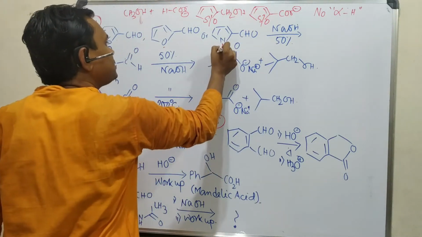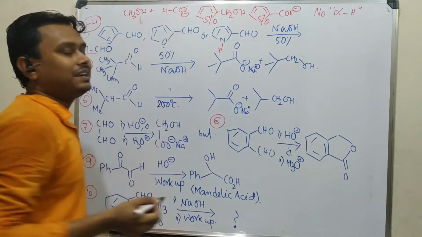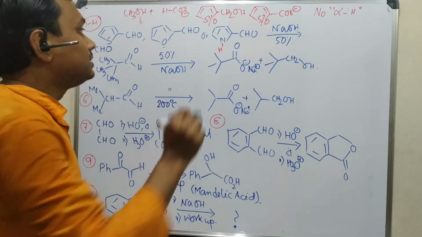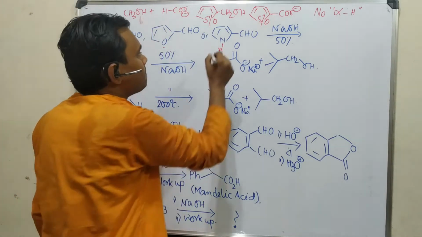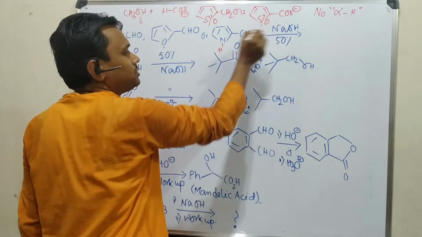But if it is a pyrrole derivative, meaning pyrrole aldehyde, then it will not undergo this Cannizzaro reaction. Why? Because this N-H proton is abstractable in the presence of this base.